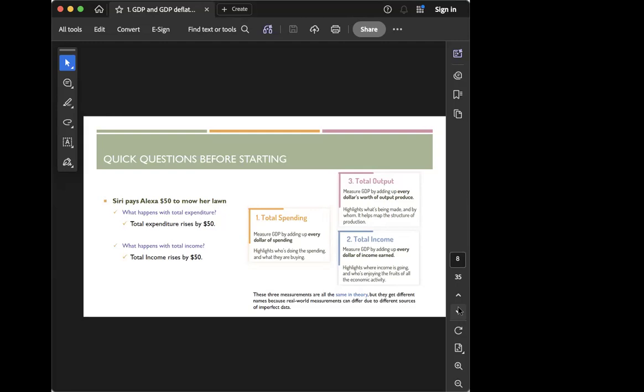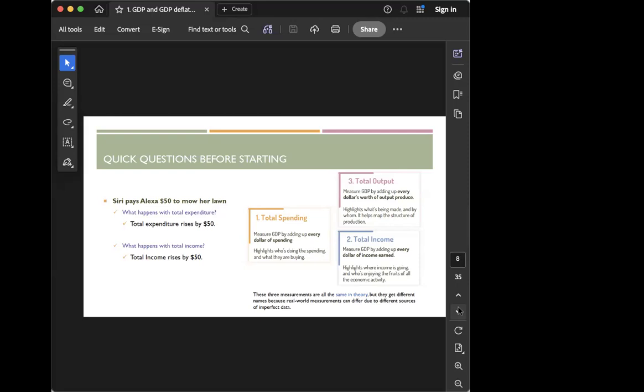The second one is total income, in the blue box. This means that we measure GDP by adding up every dollar of income earned. And the last one is total output. This also means that we measure GDP by adding up the values of production.